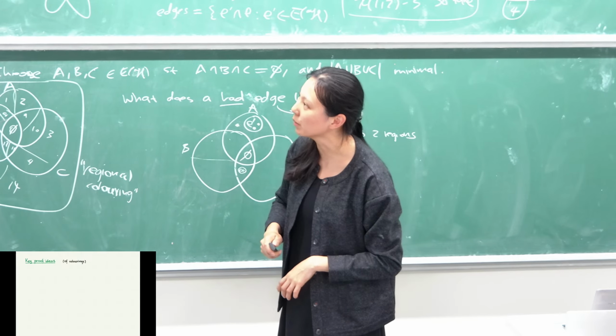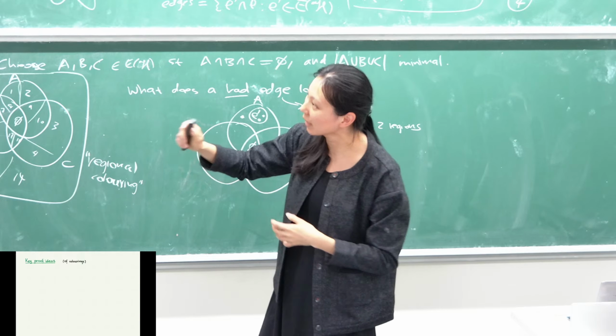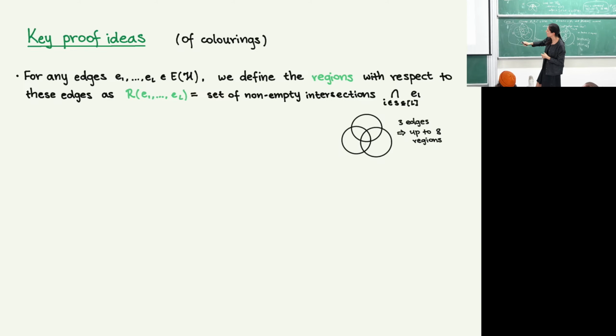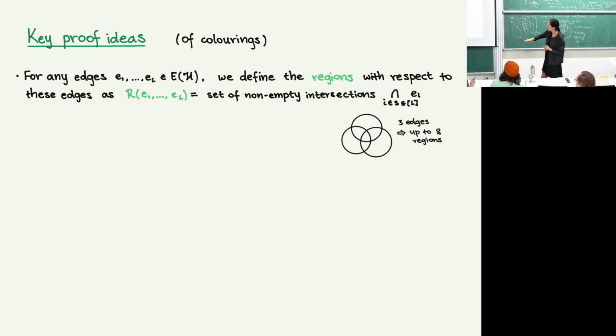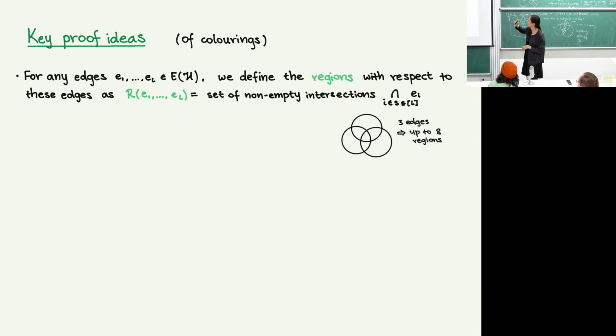So what we do is use variants of these tools. For the colorings, it's just the same as we've done here. To formalize this, let me define regions more formally. For any edges, let's say I have L edges, E1 up to EL, we define the regions with respect to these edges as the set of non-empty intersections.